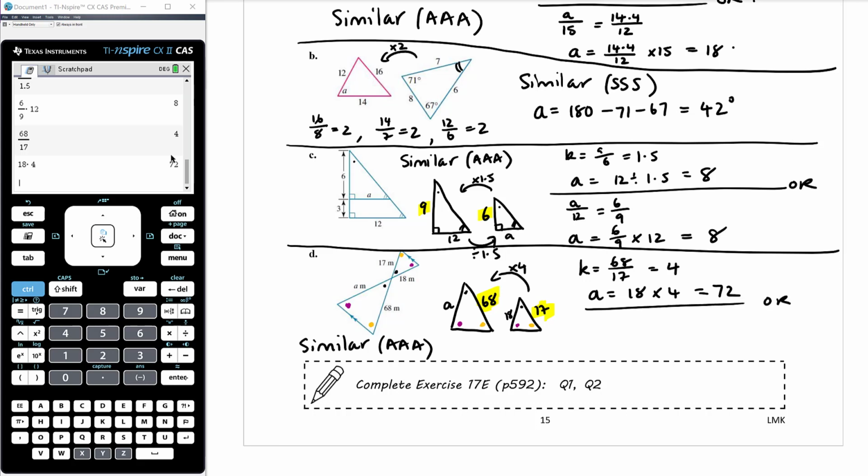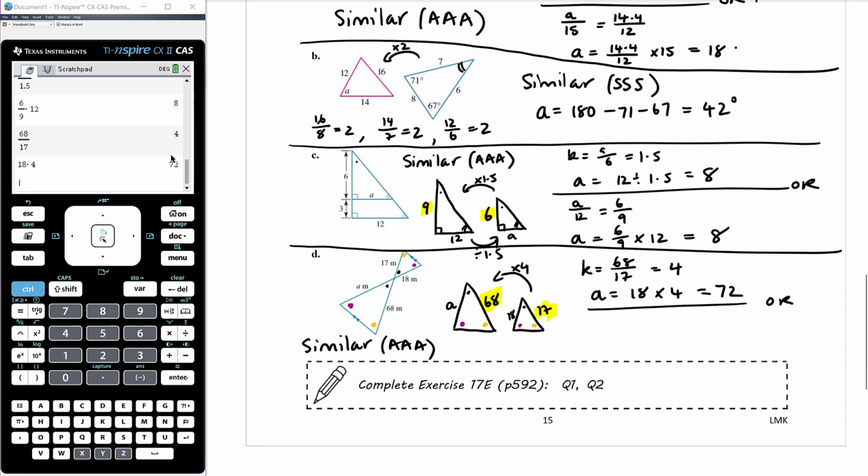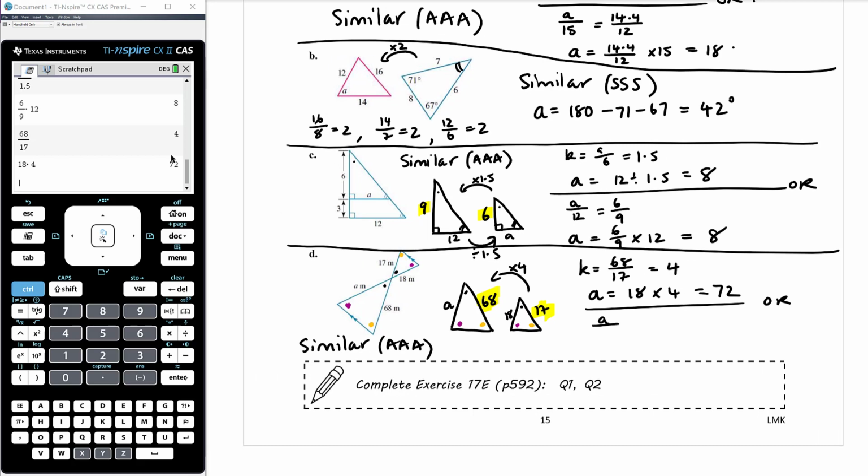Or we use our ratio statement, which is what I would tend to do. I would say A divided by 18 is the same as 68 divided by 17, and so A is 68 divided by 17 times 18, which is 72.